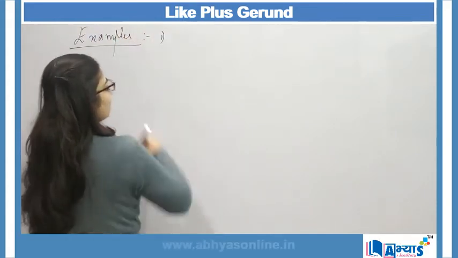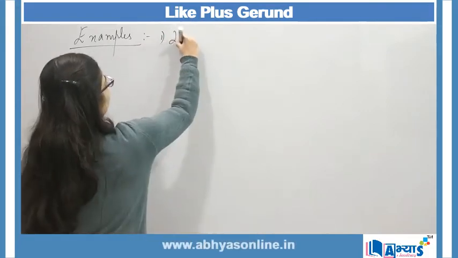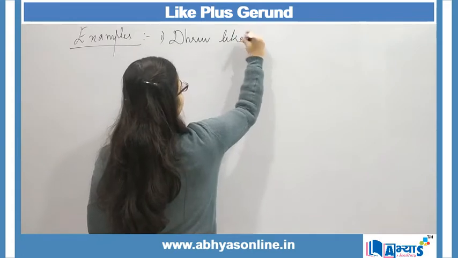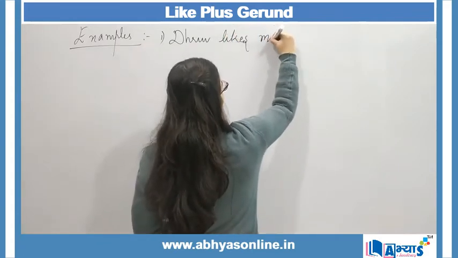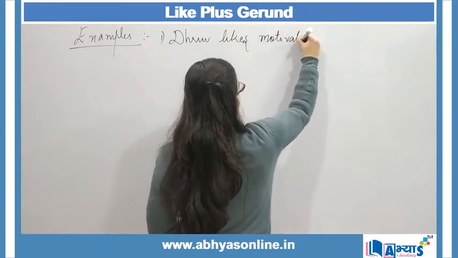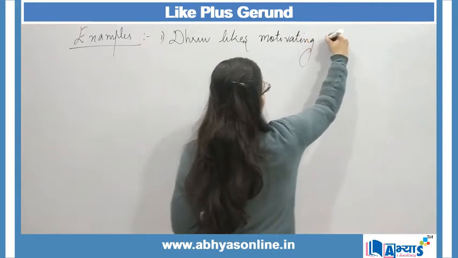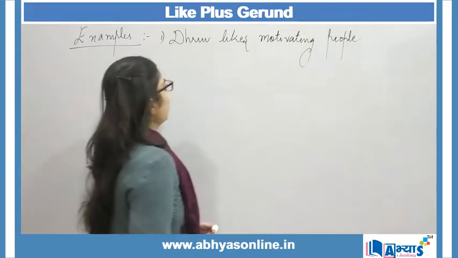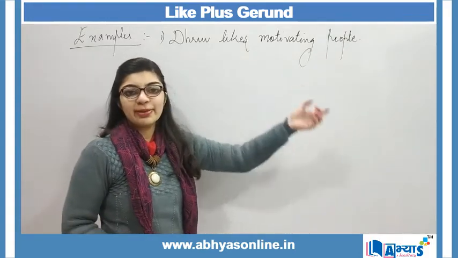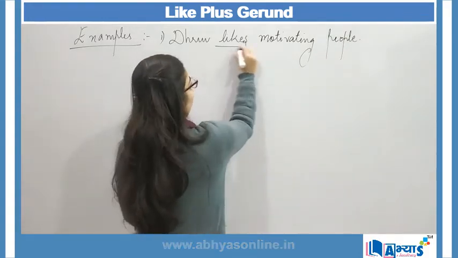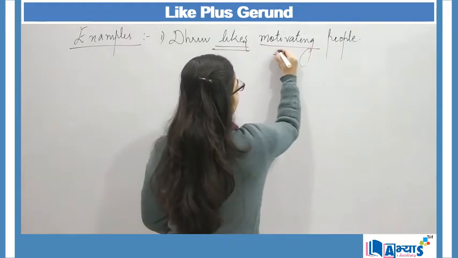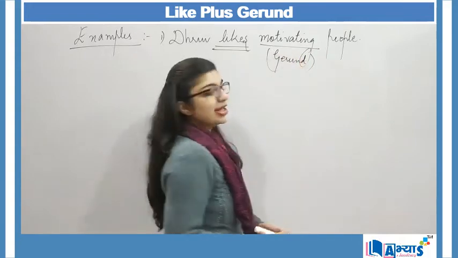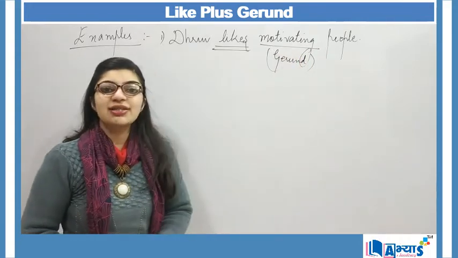First example I can say, Dhruv likes motivating people. When I say Dhruv likes motivating people, here along with like, I am making use of a gerund. Now, how do I find out that my sentence contains a gerund or not?